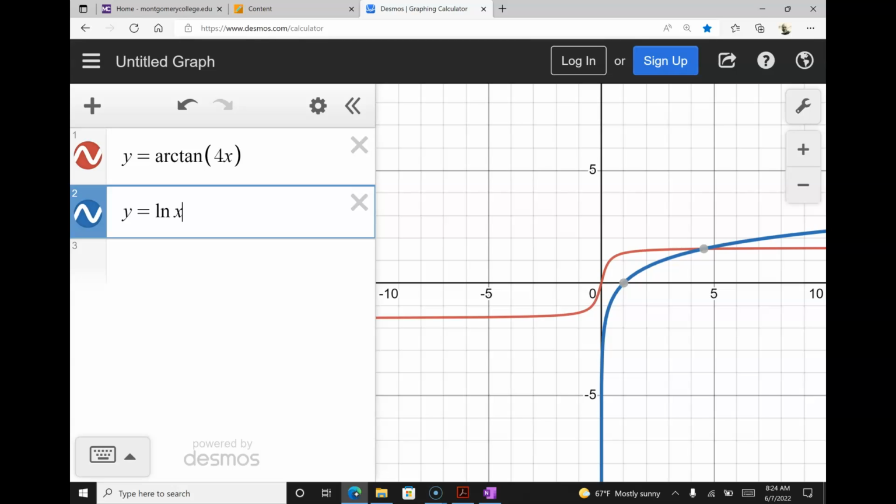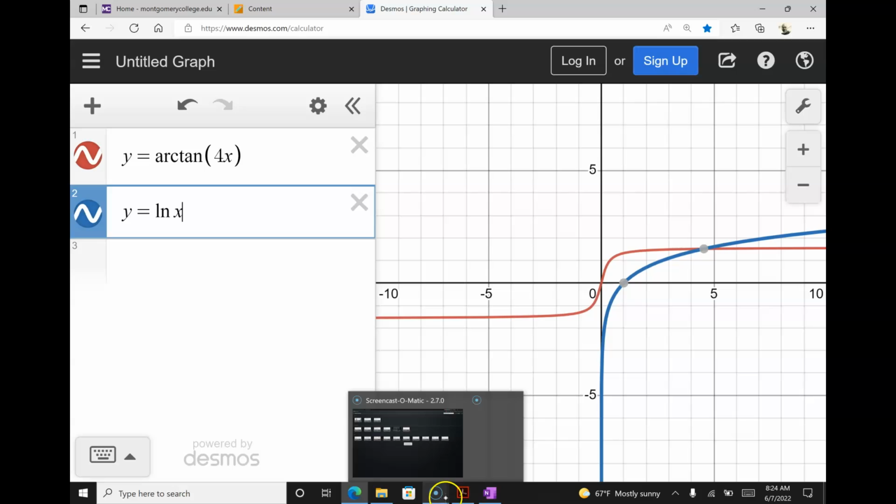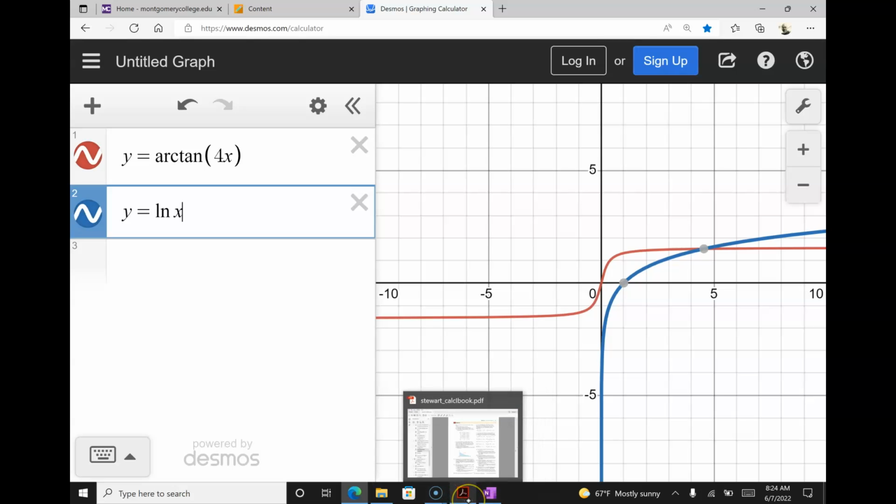Nice. So we got a nice little area between curves here. So this is a recap of yesterday. I want to find the area between these two curves from 1 to 4, right? And it's pretty obvious that I have an upper minus lower, right?